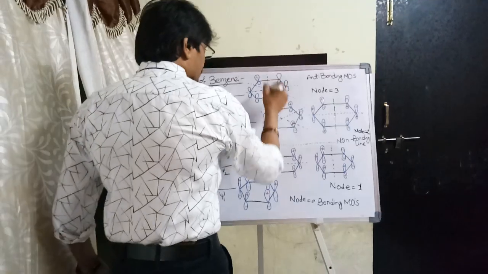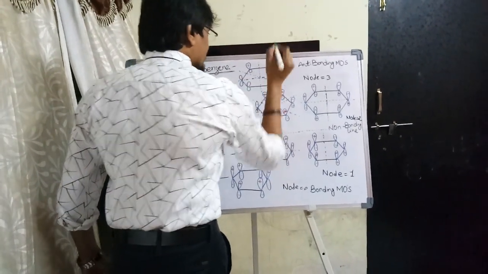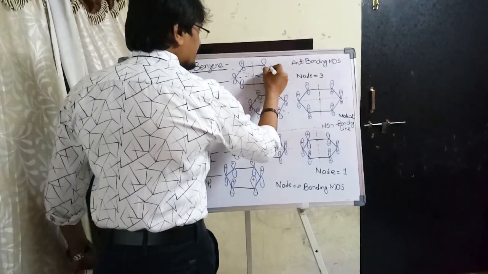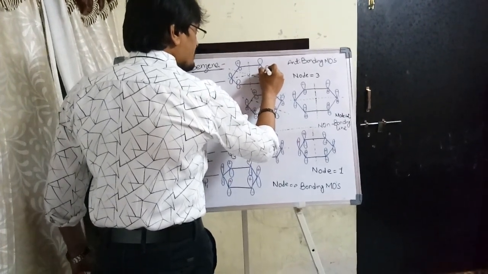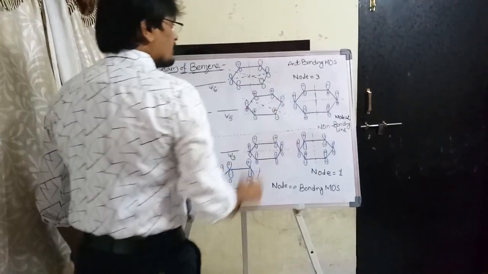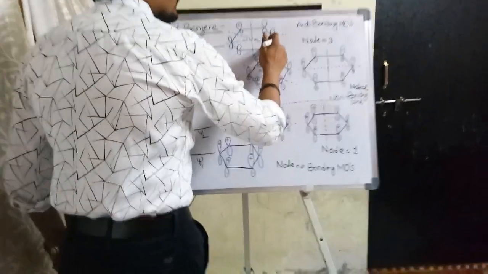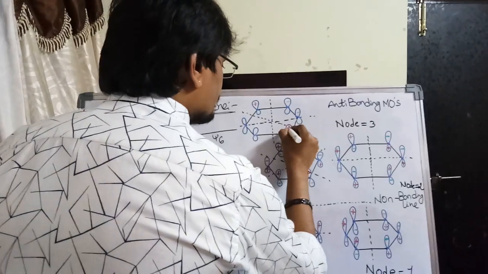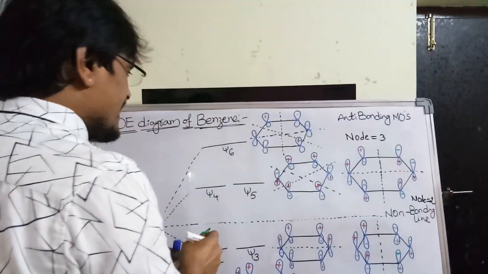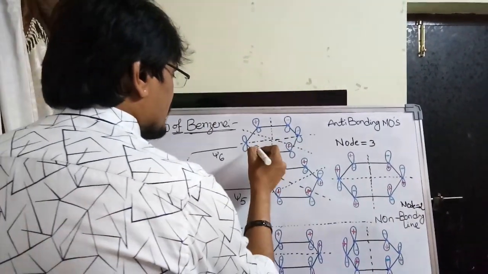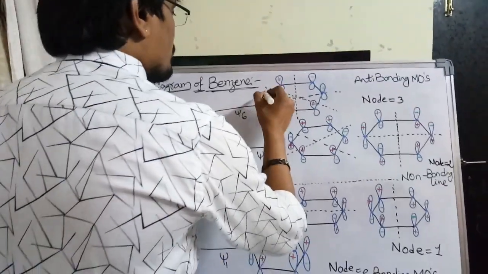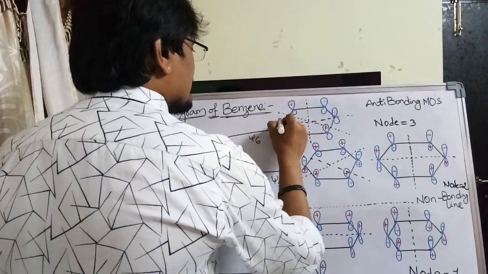Now there is a line in between, negative. Next, there is no line, right? Next, there is a line, positive. There is a line, negative. There is a line, positive. There is a line, positive.